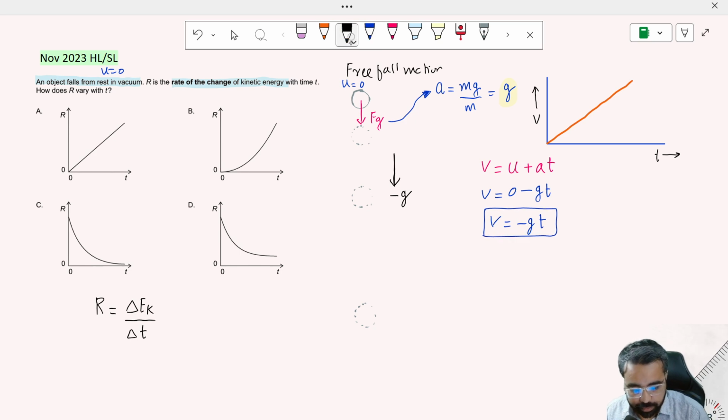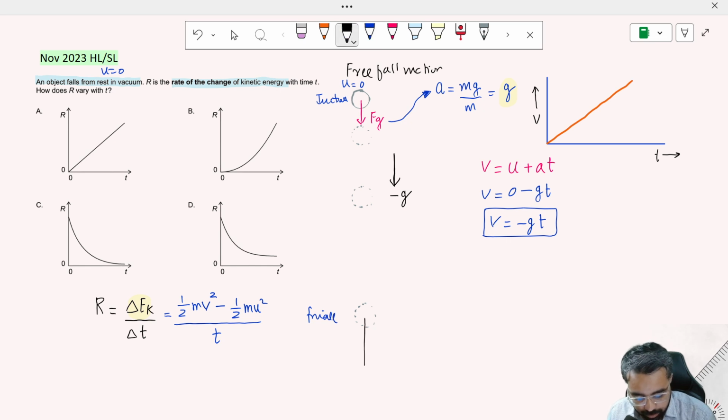So what is the rate of change of kinetic energy? As the speed is increasing proportionally to time, the kinetic energy is obviously increasing. It is the final kinetic energy minus the initial kinetic energy divided by the time taken. You can consider this an initial position, and this a final position, where the velocity is negative gt.